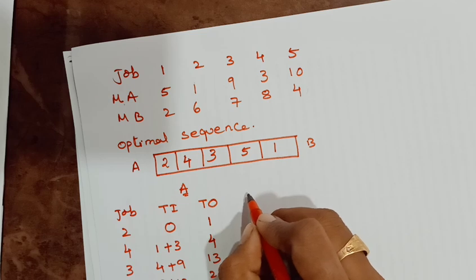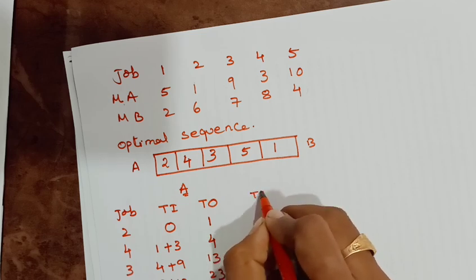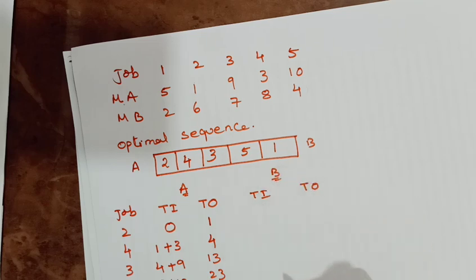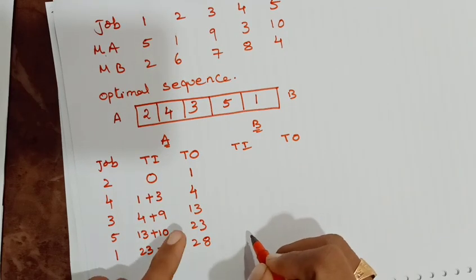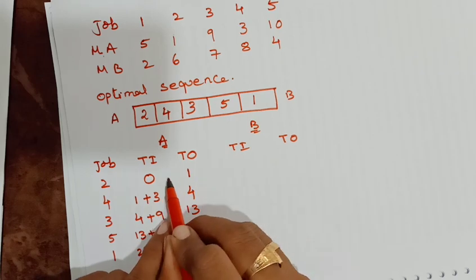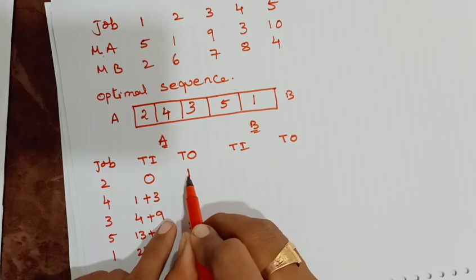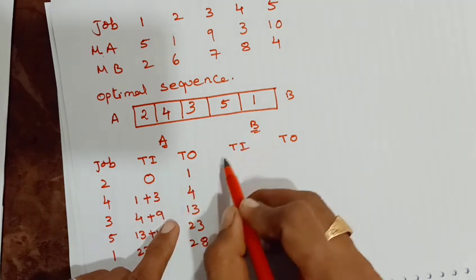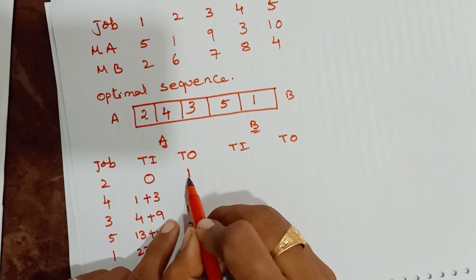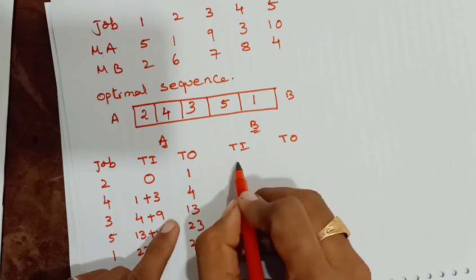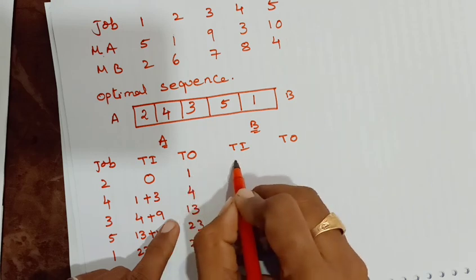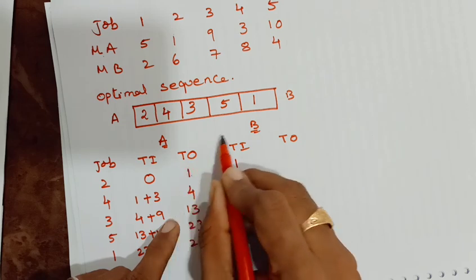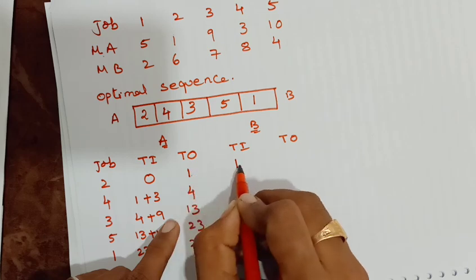Again for machine B, time in and time out for machine B. In machine A, time out is 1, so for the next machine, time in will be the time out of the previous machine. So for machine B, time in will be 1.